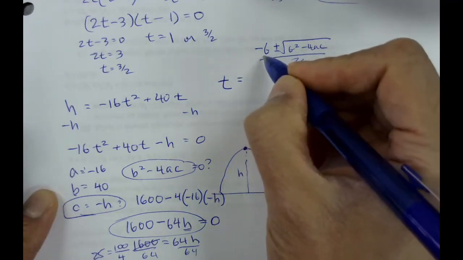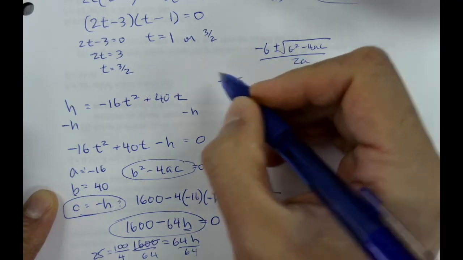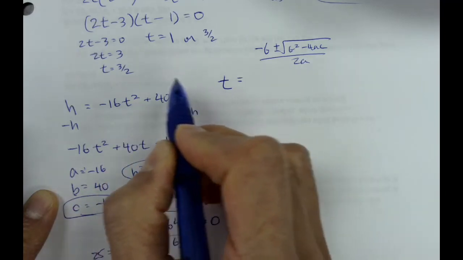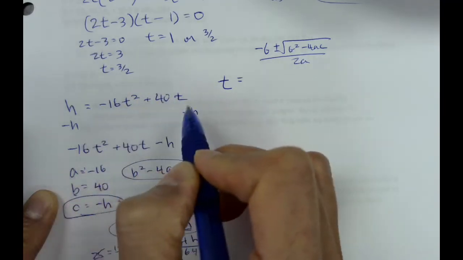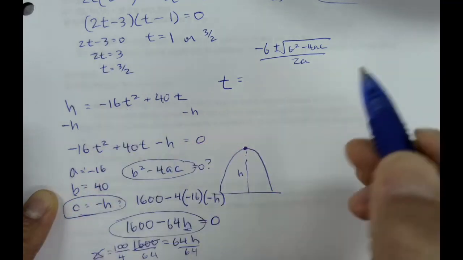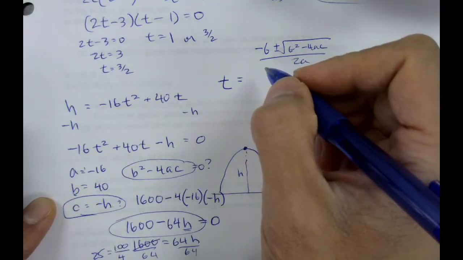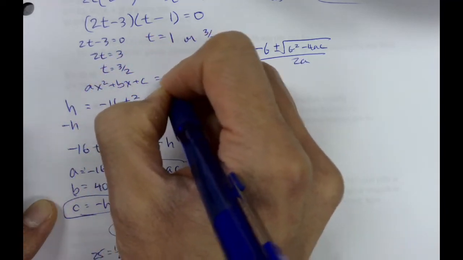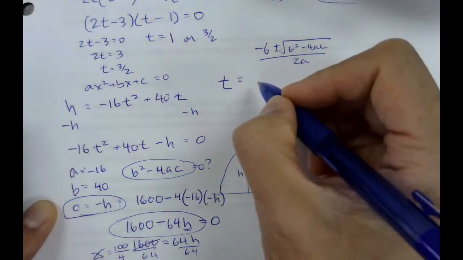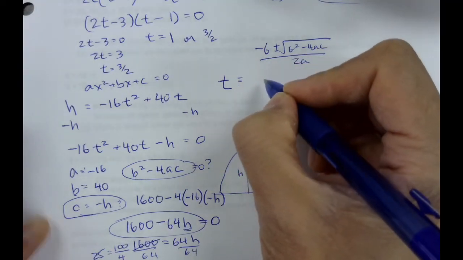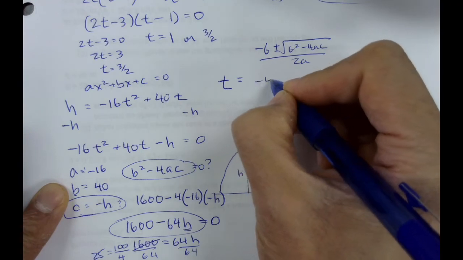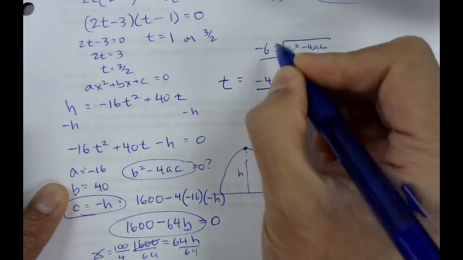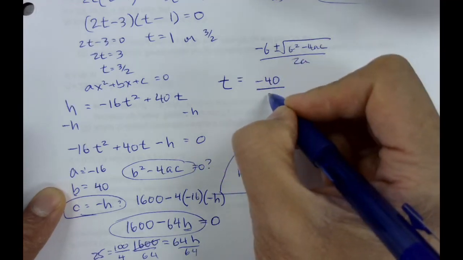We can just plug in, because normally the solution to this is the values of x, so here t is our second degree variable, which normally is x if you're thinking about a standard quadratic. So our solutions for t, or in this case the one solution, will be negative b, which is negative 40, plus or minus this, which we already figured out is 0 when h is 25.